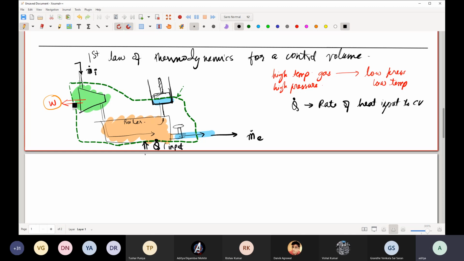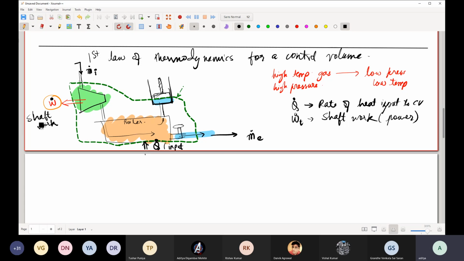Now, what are the different works that are produced? First of all, we have the turbine work, which we classify as shaft work. W dot is the rate of production of work. So W dot turbine is shaft work, and it is power basically that you take out. It's like a motor. You extract power with the help of a rotating shaft.